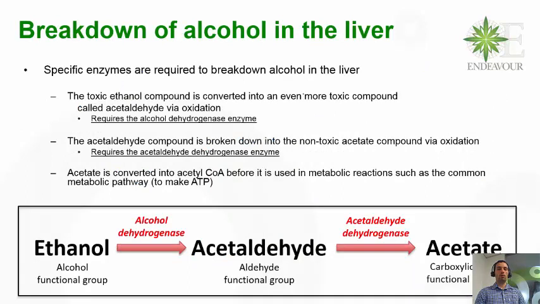So we're going to focus a little bit more on these enzymes now, and the key to why we're doing this is because these enzymes are absolutely essential to facilitating alcohol breakdown. Without these enzymes, the reactions don't happen. So the function of enzymes in the body is essentially to make sure chemical reactions happen often enough to keep us alive.